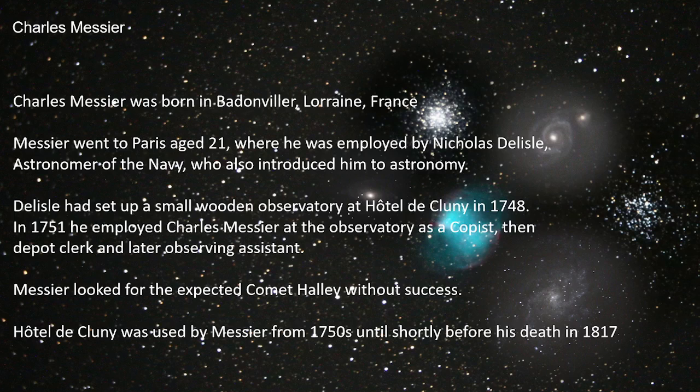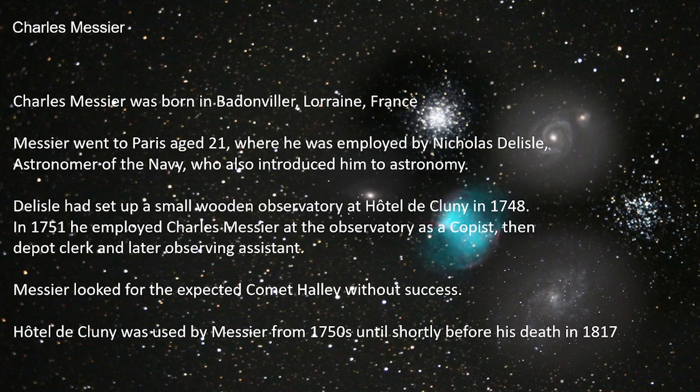Right, now Charles Messier was born in Badonviller, Lorraine, France. I don't actually know exactly where that is. Basically he was always interested in astronomy, but he came to Paris at age 21, where he got a job employed by Nicolas Delisle, who was the astronomer of the French Navy.